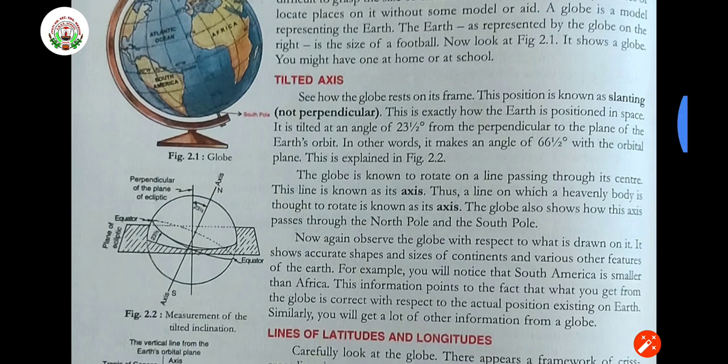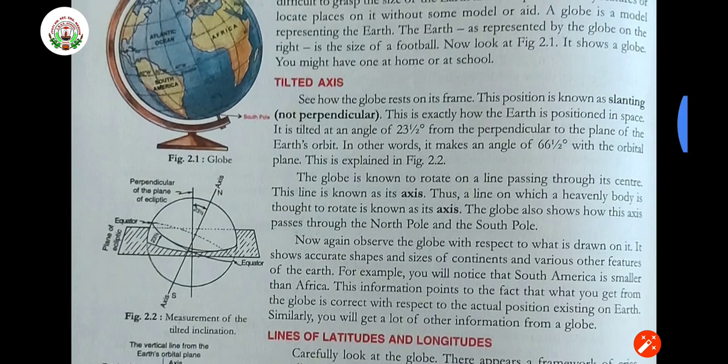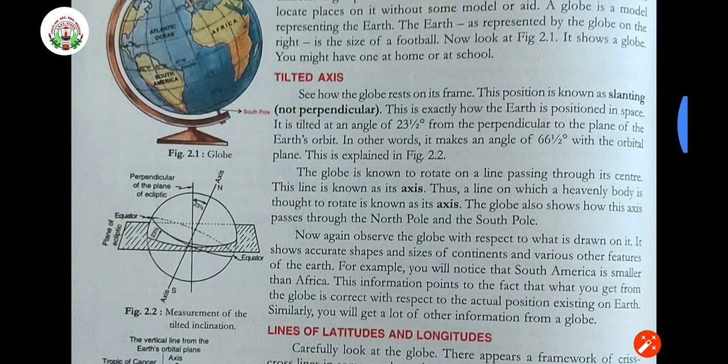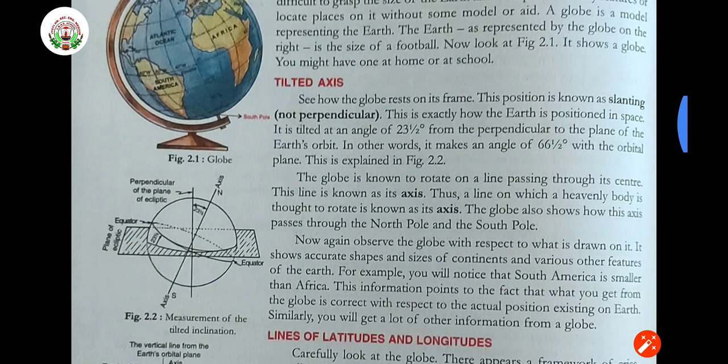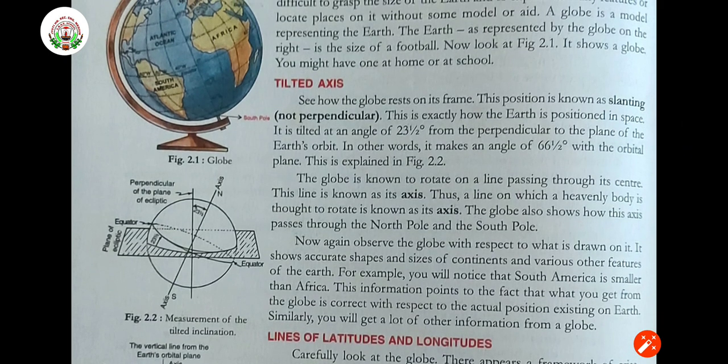So 23.5 degrees from the perpendicular to the plane of the earth's orbit. In other words, it makes an angle of 66.5 degrees with the orbital plane. See here in the middle near the equator, you are going to see 23.5 degrees and it makes an angle of 66.5 degrees.